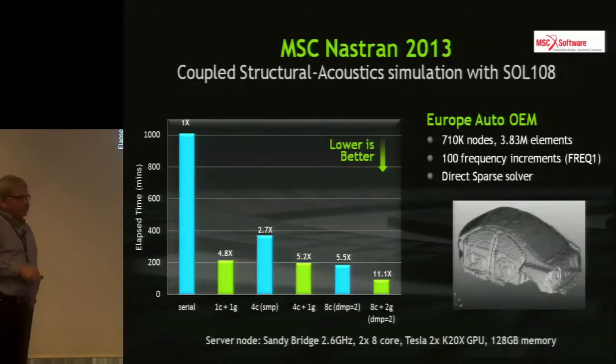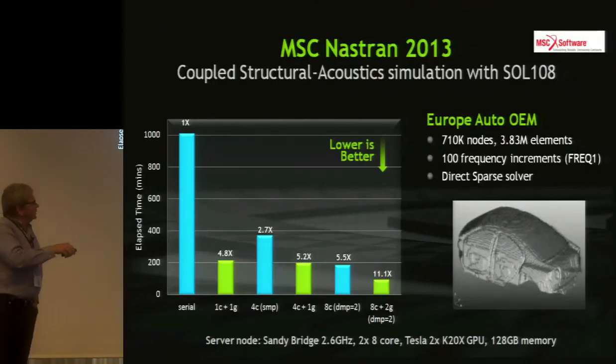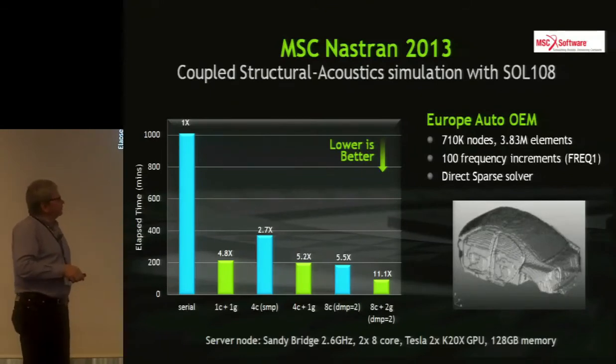This is the elapsed time here, and you see the different speedups. 1 core plus 1 GPU gives you an improvement by a factor of nearly 5, and you see a factor of 11 when you compare the serial run with the 8-core plus 2 GPUs, or nearly double the speedup when you compare 8 cores plus the additional 2 GPUs.